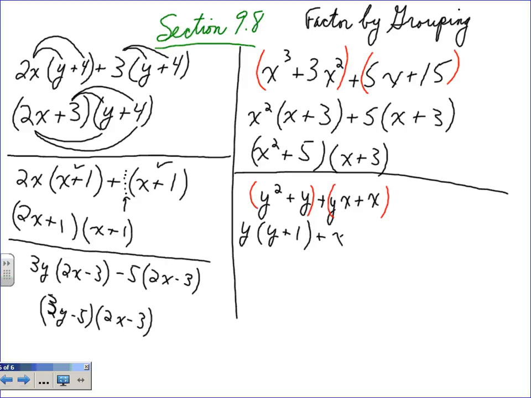So we'll factor that out, and I get (y + 1), sure. Okay? Follow me so far? All right? Now let's factor that. And how does it factor? (y + x) times (y + 1). All right? Any questions?